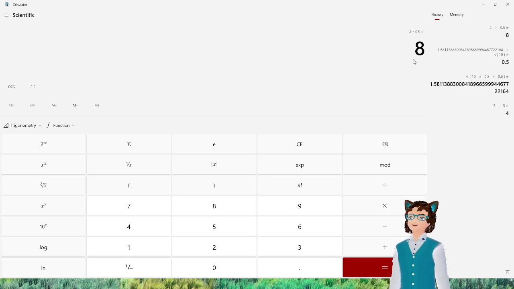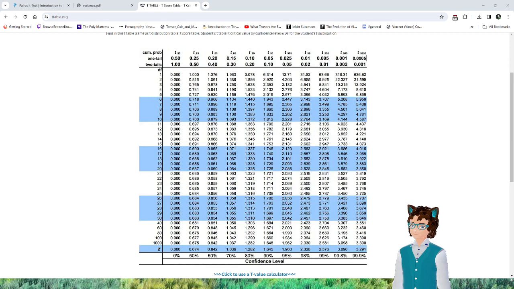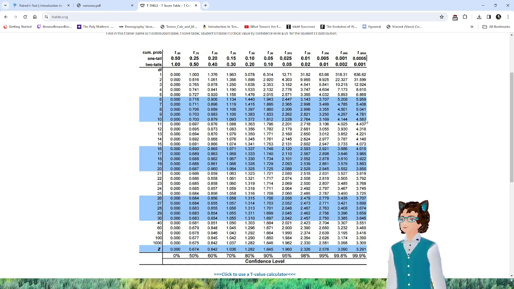So we now have a t-score of 8, and if we go back to the t-table, and if we look at 9 degrees of freedom and the t-value being 8, we exceed the critical value of 4.781.